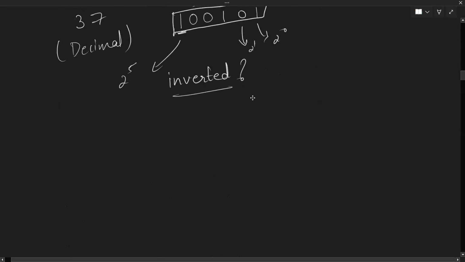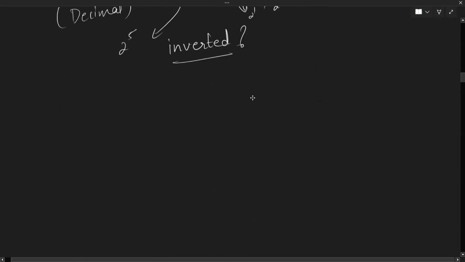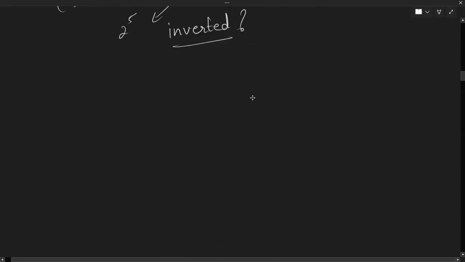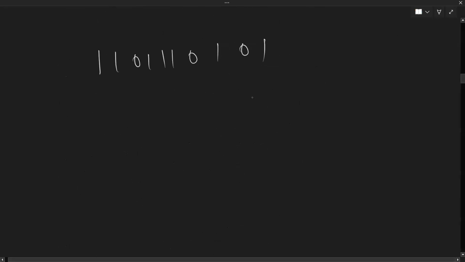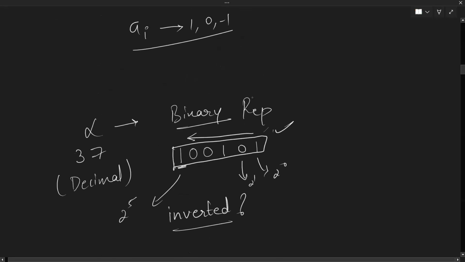Okay. Now tell me, let's say our binary is this. We know the answer is that we'll have to invert this. If we didn't have two consecutive places having non-zero values, we would have simply inverted and that was our answer. In this case, this is our answer. There are no two consecutive places having ones.